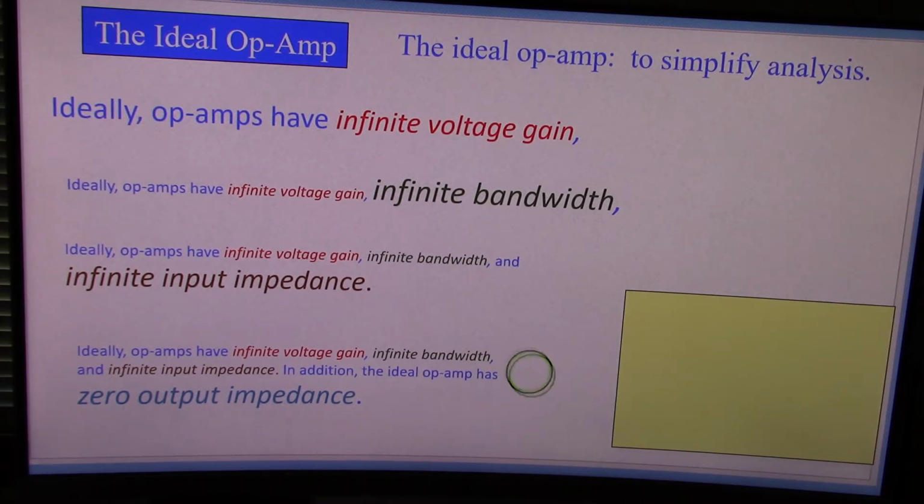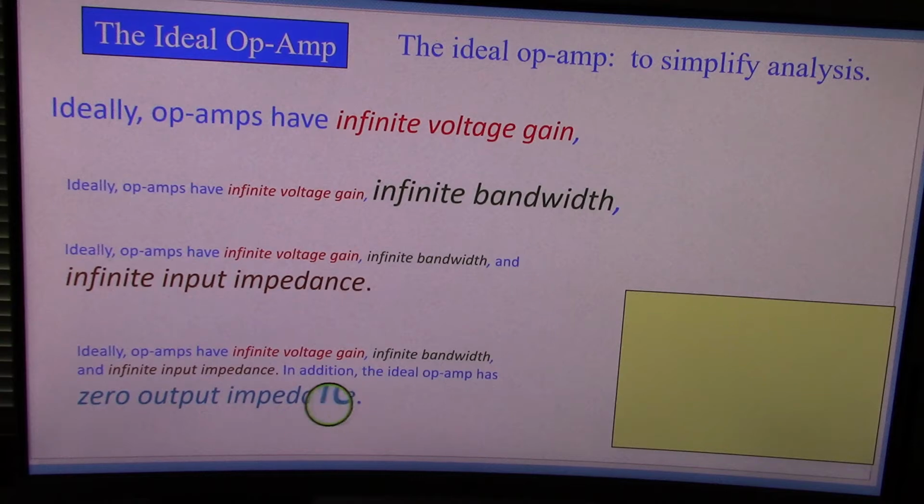So the power gets dissipated inside the device. You don't want that happening, because that means your circuits are going to get hotter and hotter. Eventually they'll catch on fire. So that's why this characteristic is important. So all of the amplification goes to the output without any impedance.